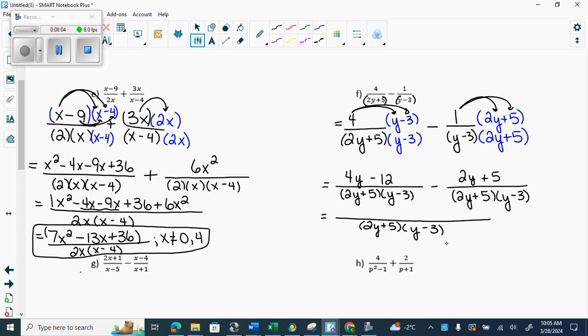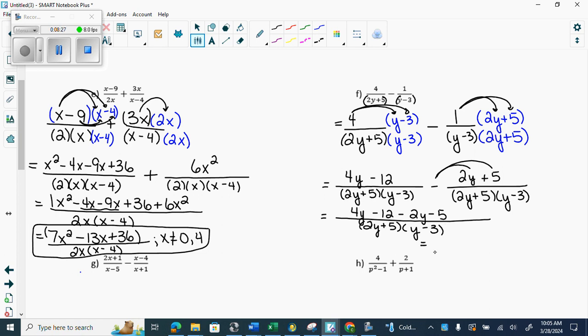Will they make the error of distributing it only to the first term? Yes, they will. It's picked more than the right one. So 4y minus 12, then I have to minus the 2y, and then I have to minus the 5. So now I wrote it over one denominator.